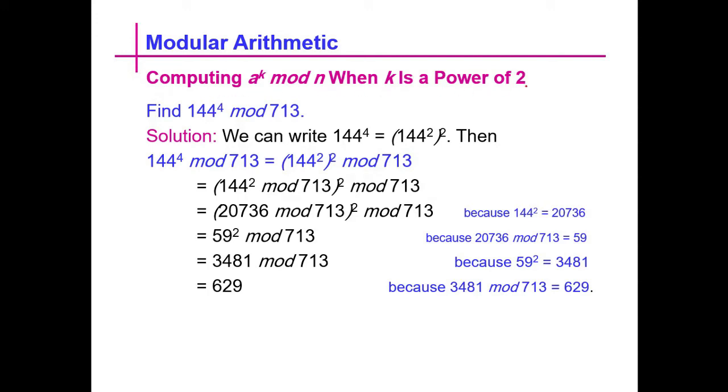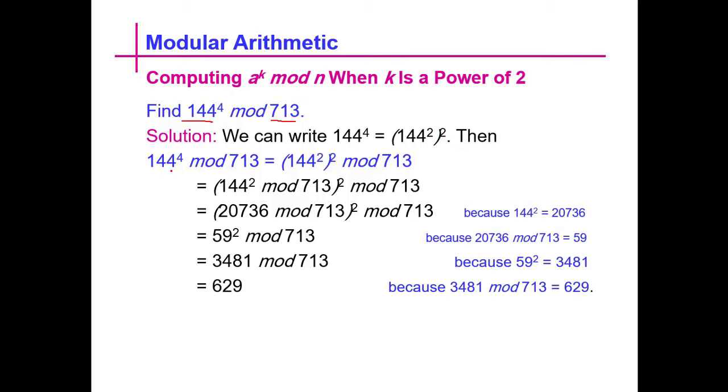Now we see another example in which we have a raised to the power k mod n when k is a power of 2. So we find 144 to the power 4 mod 713, and we check that 144 to the power 4 is 144 squared, raised to the power of square.